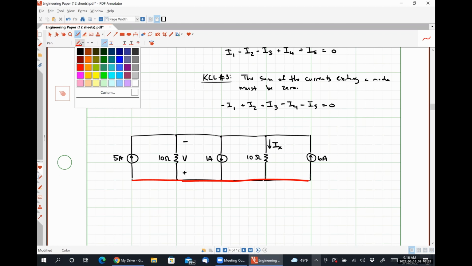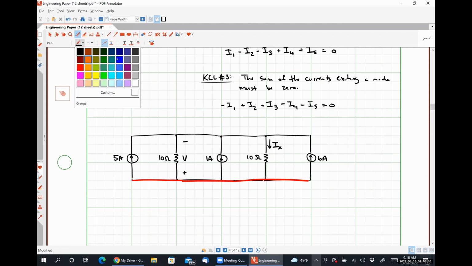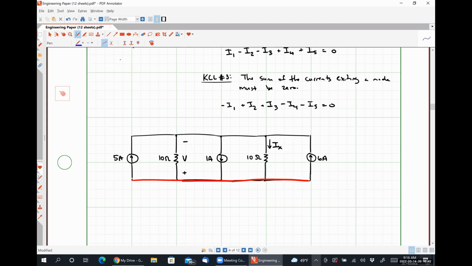Now, Ashley, do you have a preference as to which formulation of Kirchhoff's current law we use? So number 1 says currents entering equals currents leaving. Number 2 says we treat all of the currents as if they're entering the node.